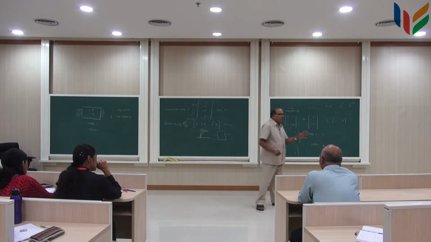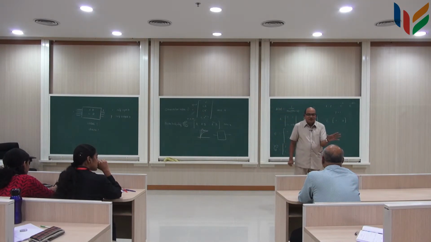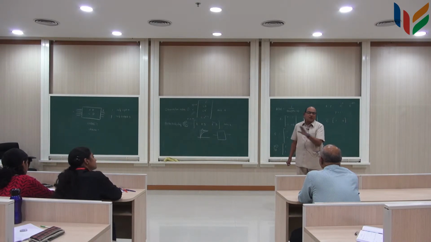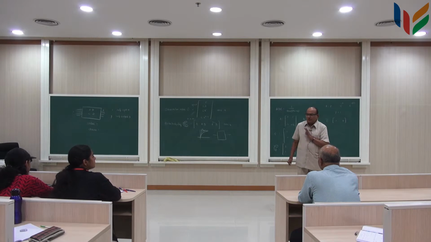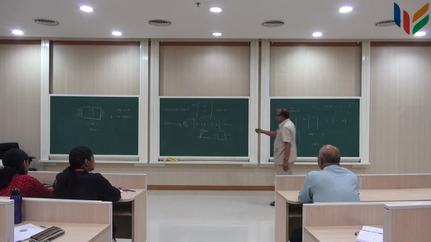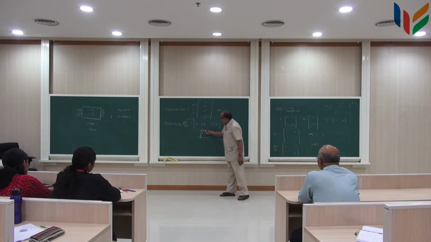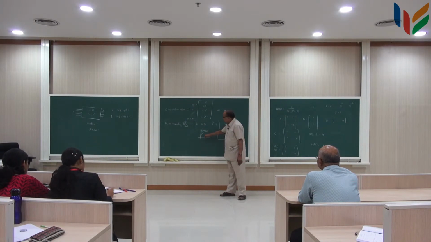Given a system A, it has a set of poles, right? And the poles decide how the transient response behaves. Now, the transient response behavior is not suitable to me. I would like to modify it. For example, the transient response is like this, and then the system goes more than the value of 1, which may be dangerous for the system. So, I do not want it to go into these wiggles. Or I may not like it to go like this because the system response is too slow, it is not responding immediately.